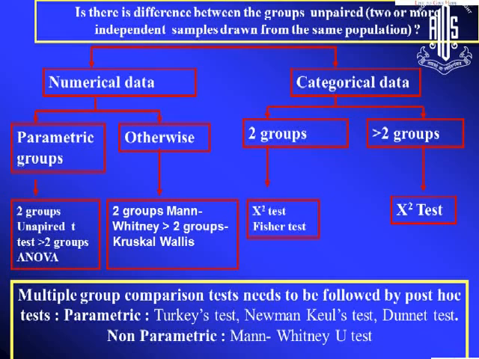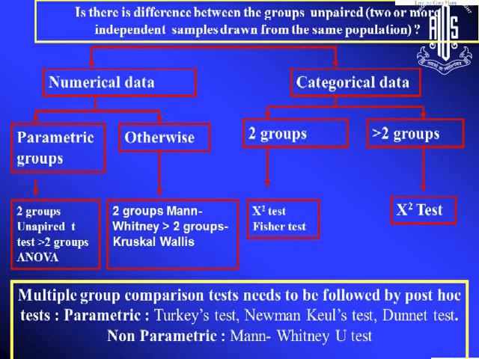I will give medicine on A, medicine on B, and see the previous intraocular pressure in each group and what it was after giving the medicine, and then compare the two. So the reading of B is not affected by the reading of A, entirely independent. These are two separate groups. This is an unpaired group. If you are answering this type of question, then this table will be applicable.